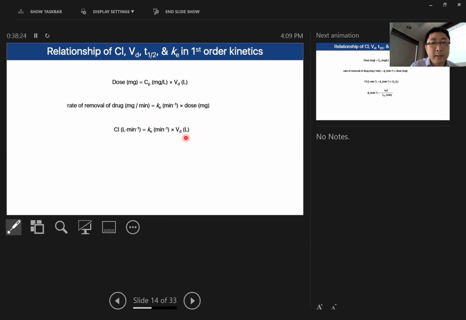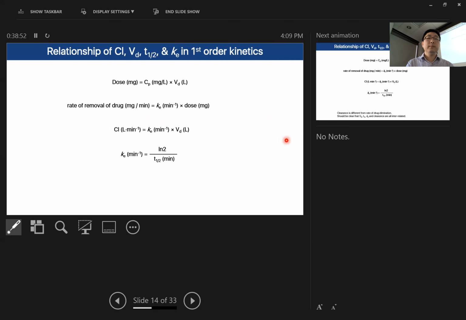These are the 2 primary PK parameters, and they are related by the elimination rate constant Ke, also called lambda z, which can be fitted in the semi-log plot, right? So the first step for us is to calculate the lambda z, and once you know this, you can calculate all these.